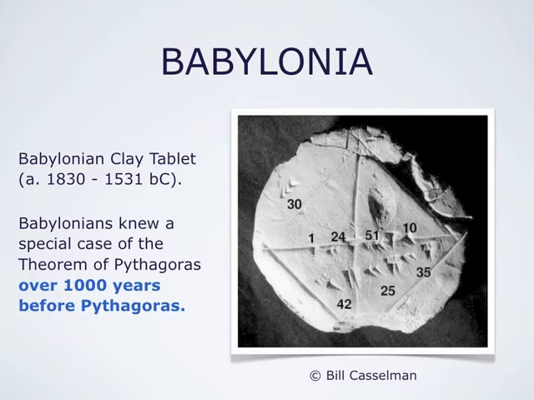So it is clear that Babylonians knew a special case of the theorem of Pythagoras. They knew it over 1000 years before Pythagoras. Namely, they knew that the length of the diagonal of a square of side length 1 is the square root of 2.